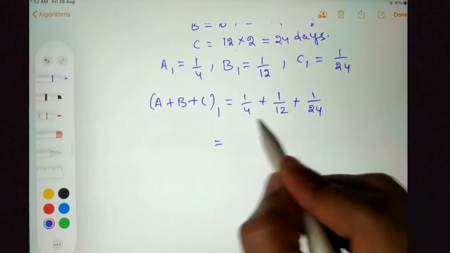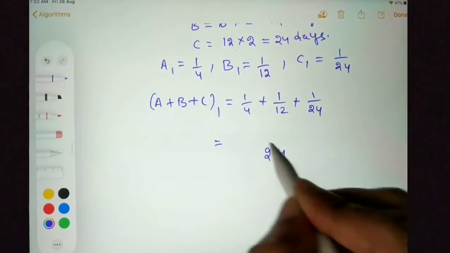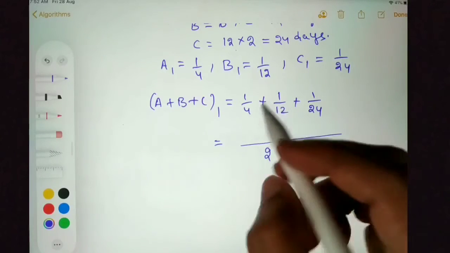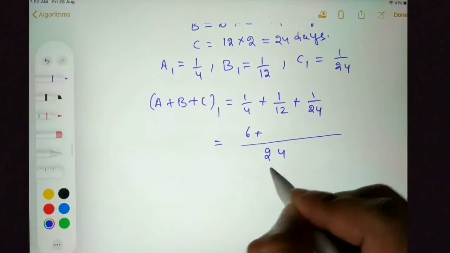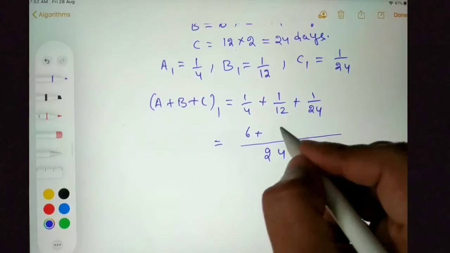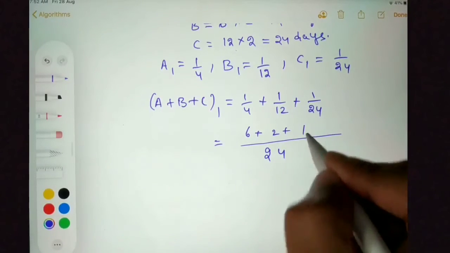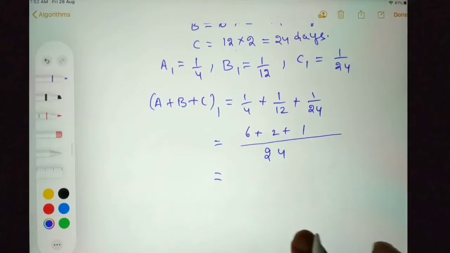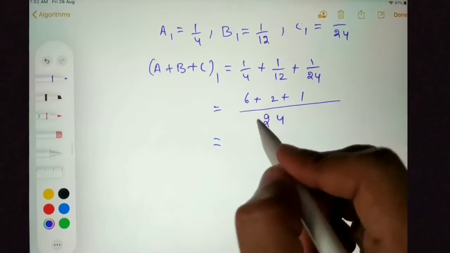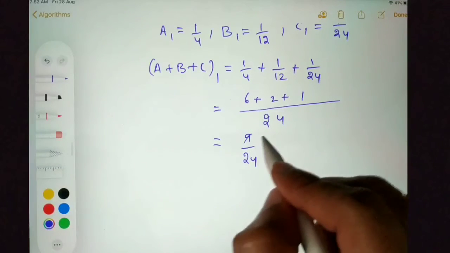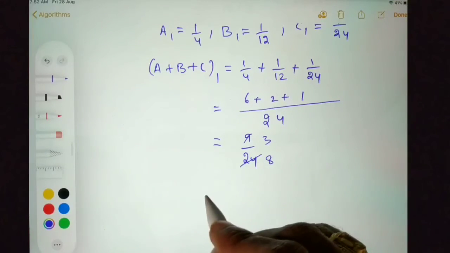And LCM of 4, 12 and 24 is 24. 24 divided by 4 is 6 and 24 divided by 12 is 2 and 24 divided by 24 is 1. Total it will be 9 by 24. 3 3s are 9 and 3 8s are 24.